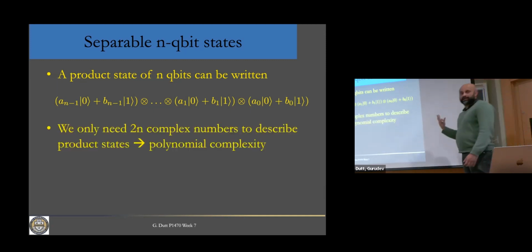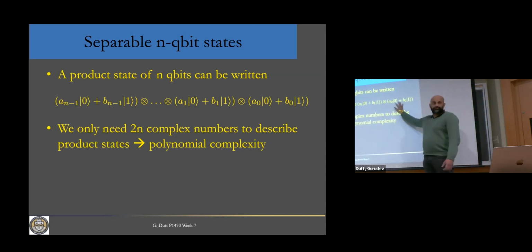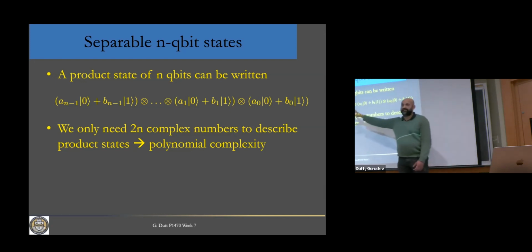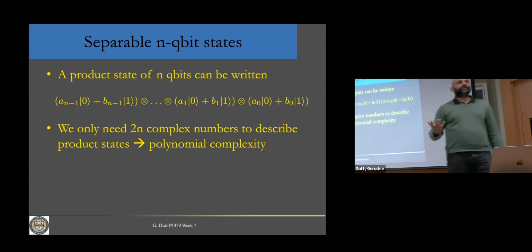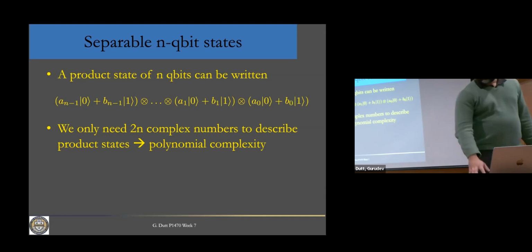And so we only need 2n complex numbers to describe this state, right? Each of these qubit states is 2 complex numbers. There are n of them, so you need 2n complex numbers, which is just polynomial in the number of qubits. So it's a polynomial complexity for this state.